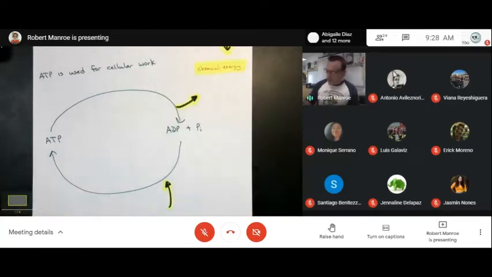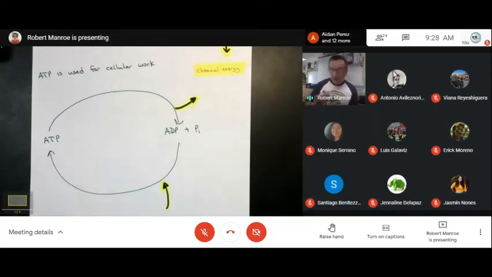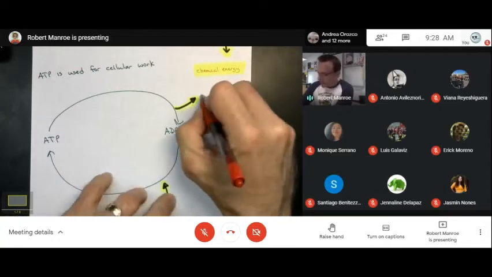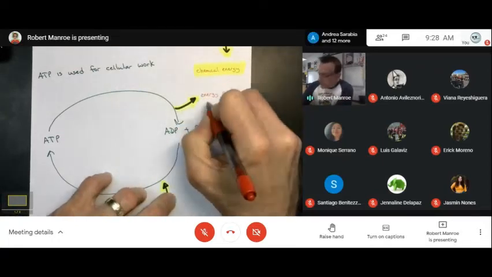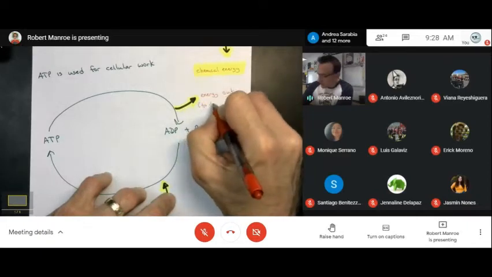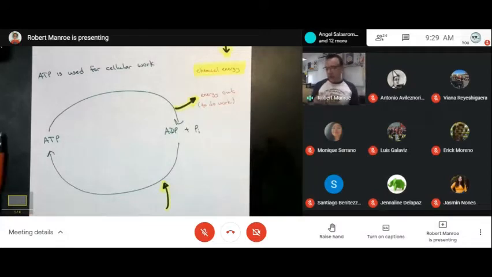Okay, so energy comes out. We all know that ATP is the energy molecule for all living things. Cool. So when this energy comes out, this is energy out. Why? To do work, whatever that cellular work is. Okay, because it turns out that the adenosine then has a phosphate, and a third phosphate.